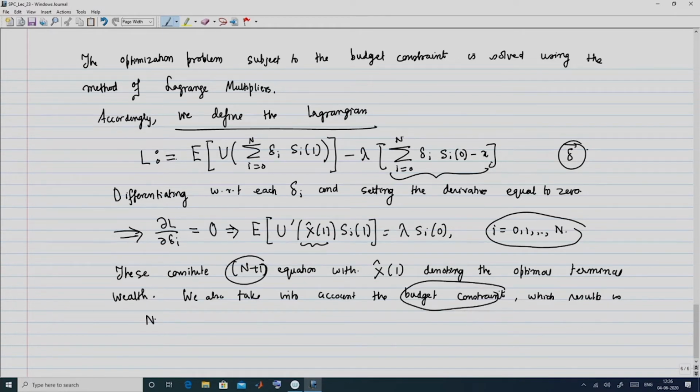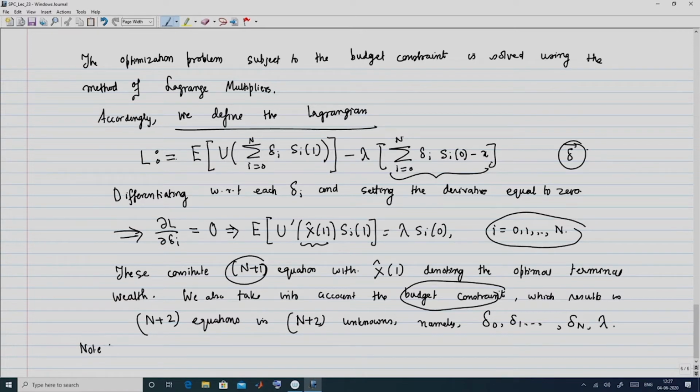So, we end up having n plus 2 equations in n plus 2 unknowns. And what are these n plus 2 unknowns? These are delta naught, delta 1 all the way to delta n, and of course, lambda.